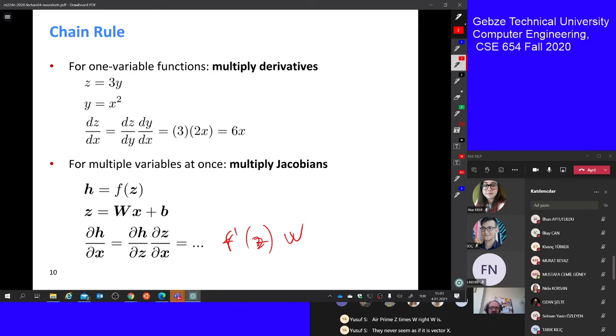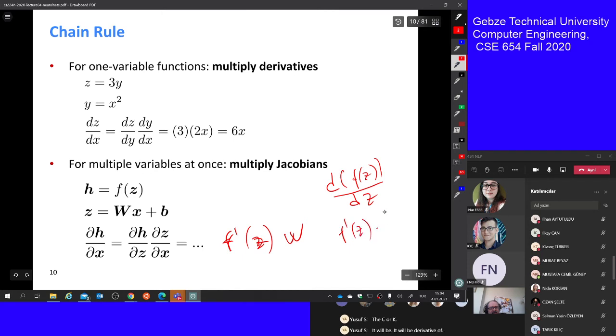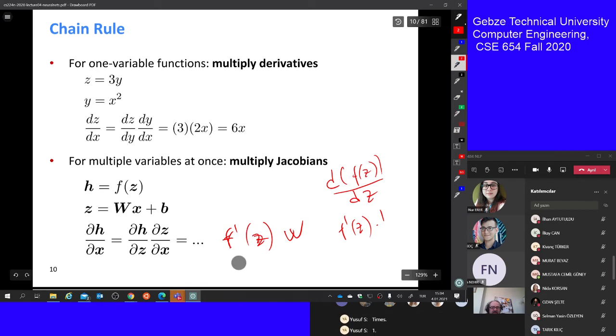And if you take the derivative of, okay, how do you take the derivative of f z? It will be the derivative of f times 1. This f prime z came from there.